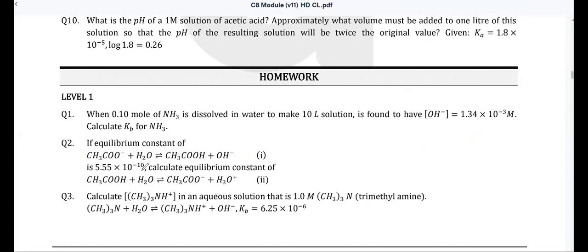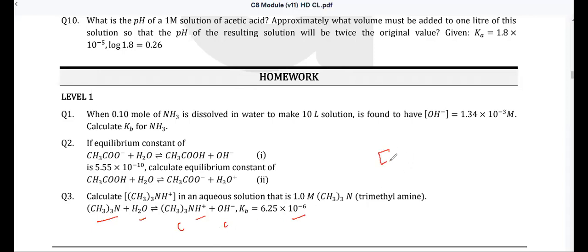Now you have to see the reaction. The first thing that you should know is what the reaction is. In this one, again, weak base. Kb is given. Calculate the concentration of this. Obviously, the concentration of this is equal to the concentration of OH minus, as simple as that.